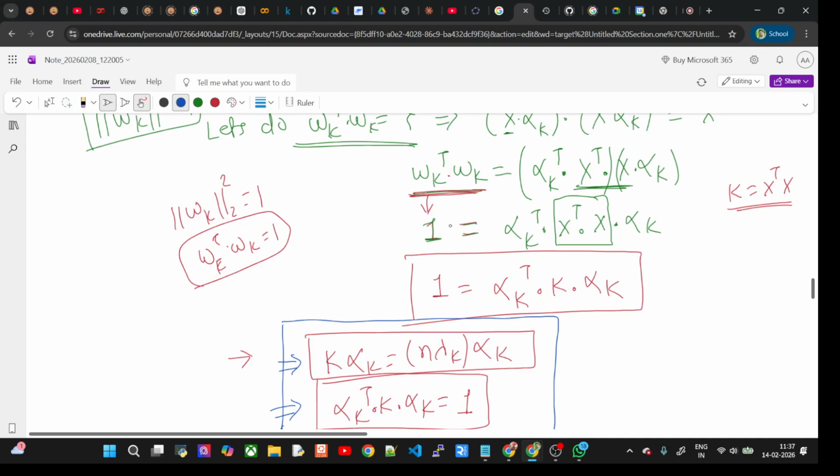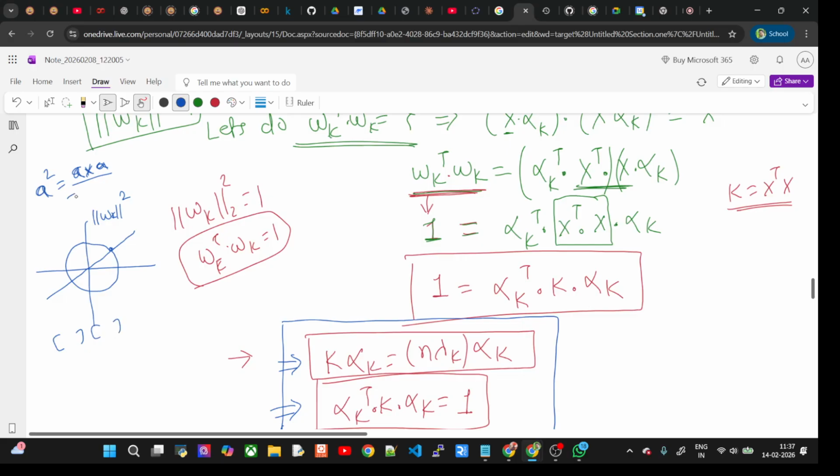That is unit length. We mentioned earlier that in our PCA, W should have unit length, correct? So how do we write it? A square is written as A into A. But if it is a vector, you cannot multiply it like this, so you have to transpose it.